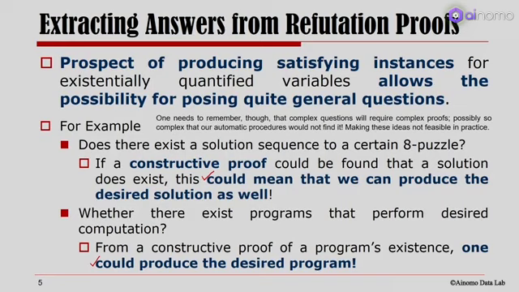So making these ideas not feasible in practice. However, it is interesting to note that if I can extract answers from refutation proofs, that is, I can produce satisfying instances for existentially quantified variables, then it allows the possibility for posing quite general questions and have wide implications.